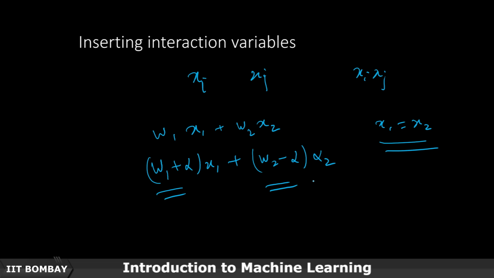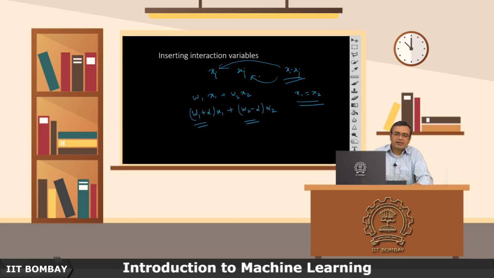So whenever we are inserting interaction variables, we have to be cognizant that these are going to be correlated with the original variables that were used to create them. And the other thing that will happen is you will have more variables, and potentially more variables than the number of samples, which can also lead to ambiguity in solutions. So all this requires variable elimination, it requires regularization of models, so that you can get better machine learning models.